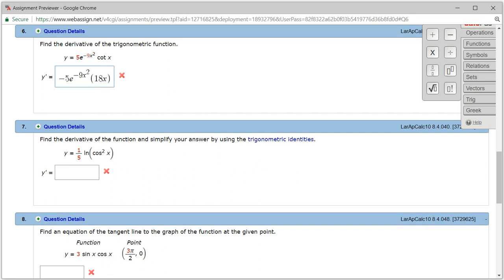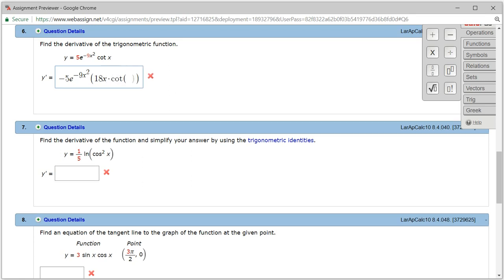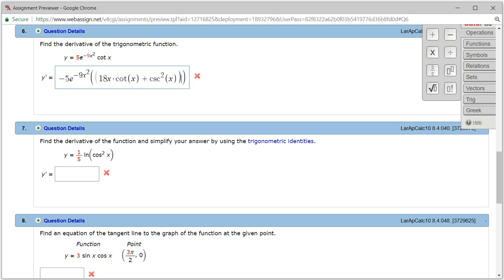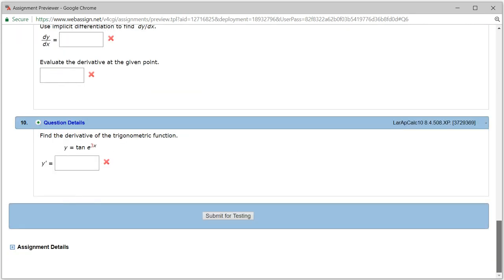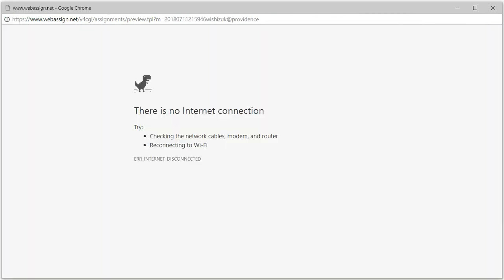Then we have cotangent, so times cotangent of x, and plus cosecant squared of x. All right, so let's check the answer here. So I'm going to go submit for testing.